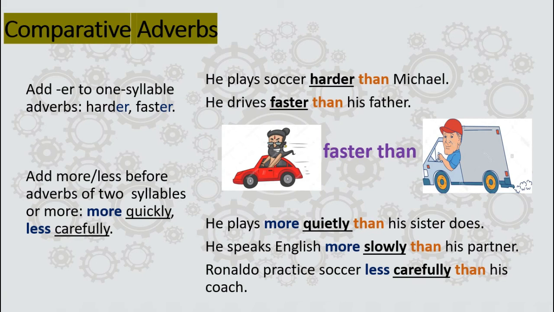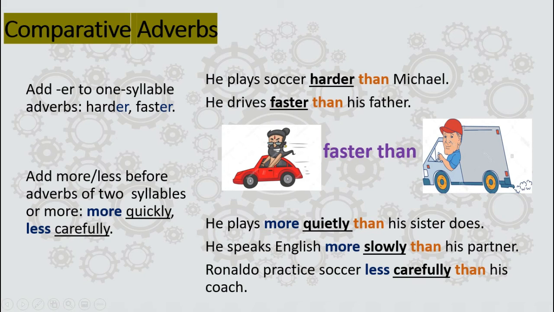For example, in these pictures, he drives faster than his father. That means that the son is going to drive to different places before his father, because he is faster than his father.